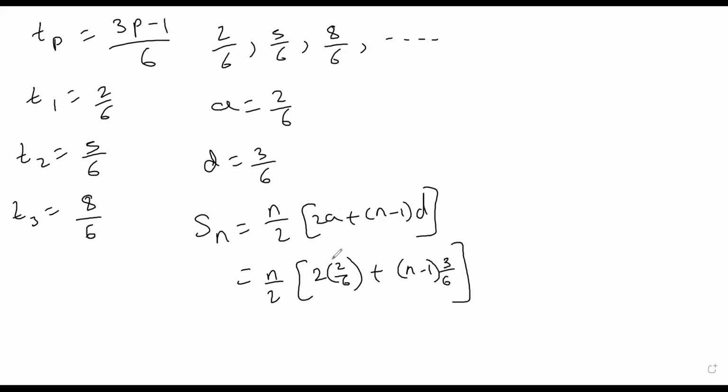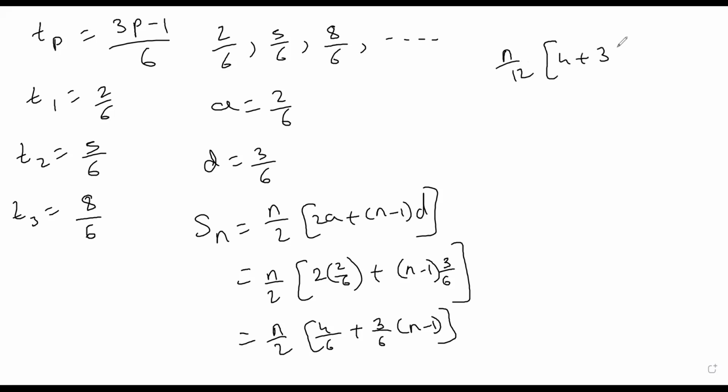I'm not dividing this into 1 by 3 and 1 by 2 so that I can always simplify it or take 6 common. So this will be n by 2, 4 by 6 plus 3 by 6 (n minus 1). You can take 6 common and you will get n by 12 into bracket 4 plus 3 into (n minus 1).